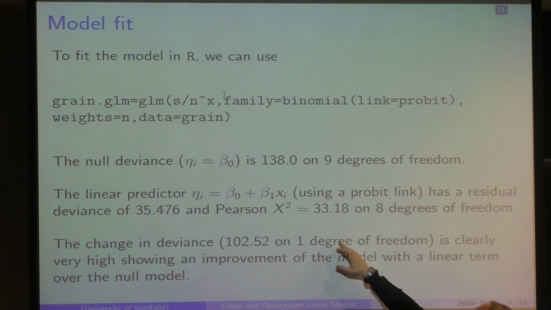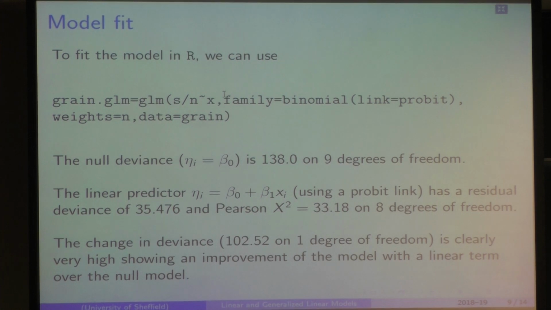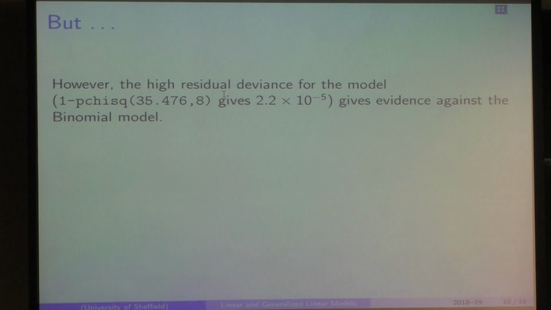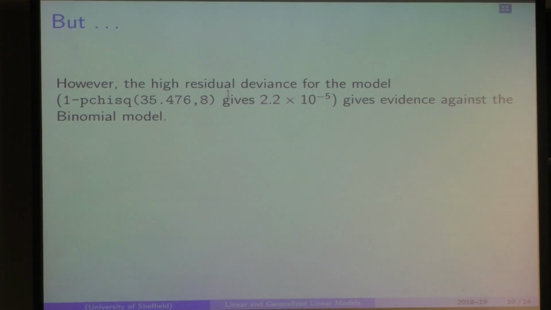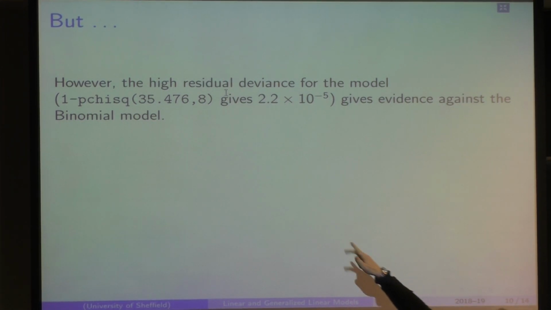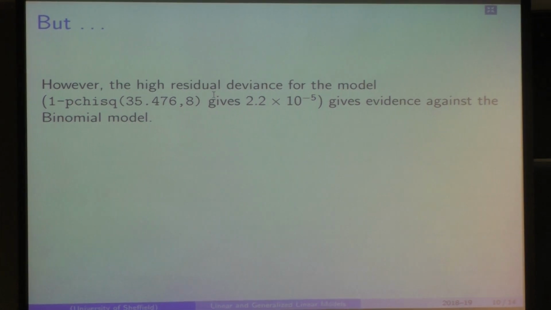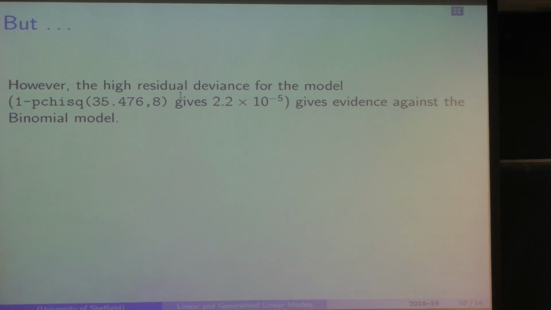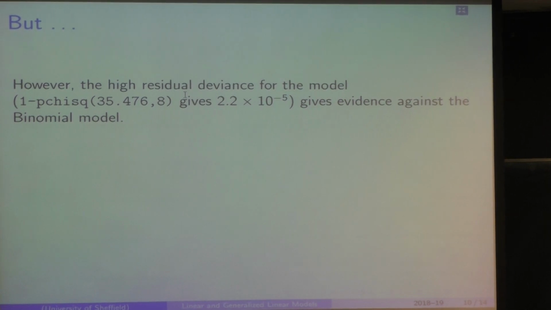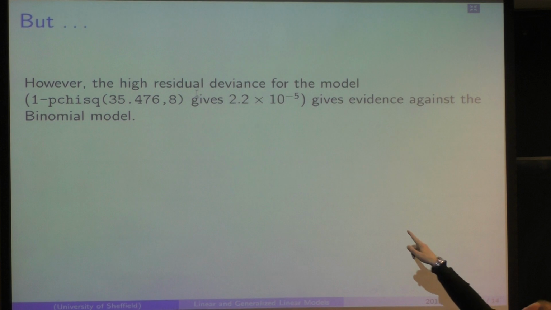these numbers are quite high for a chi-squared with 8 degrees of freedom. If we look at a chi-squared with 8 degrees of freedom, we can work out the p-value by that code. 35.476 was our output residual deviance here, with 8 degrees of freedom, and we're getting a really quite small value.